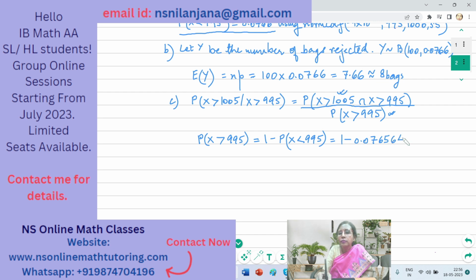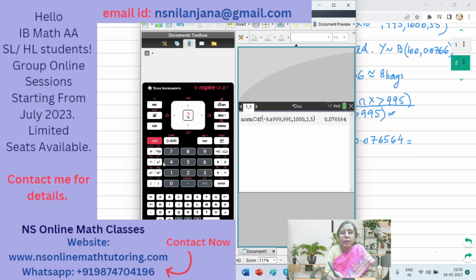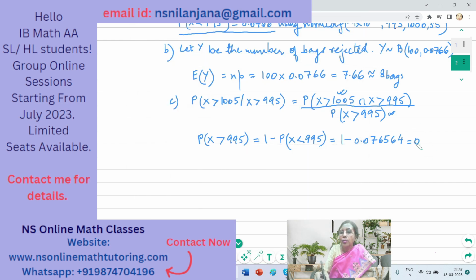Let us find this: 1 minus the answer. It is 0.923436. So we have found the value of the denominator.